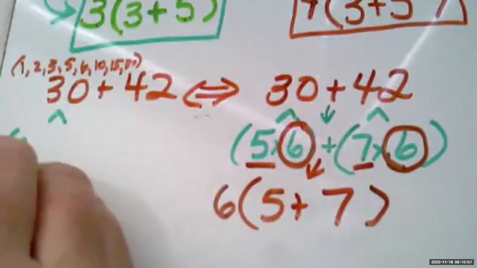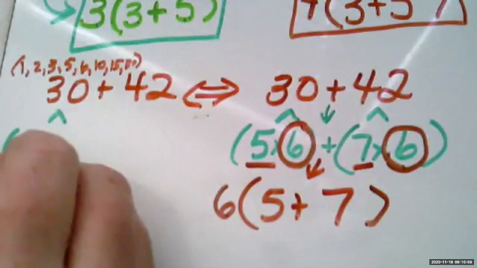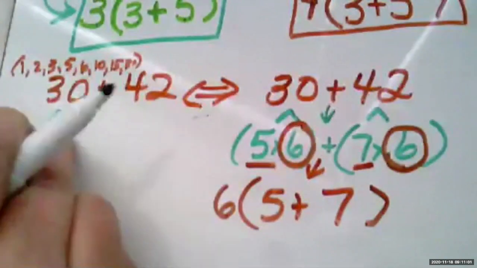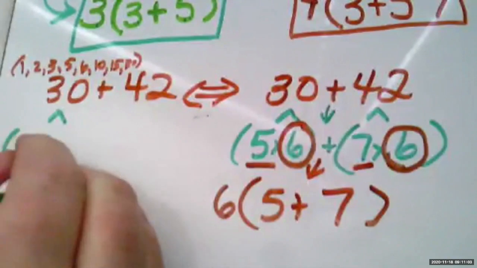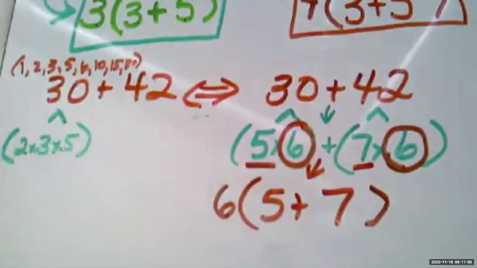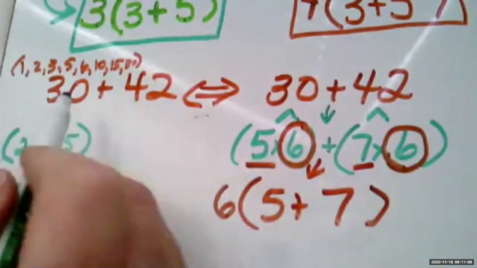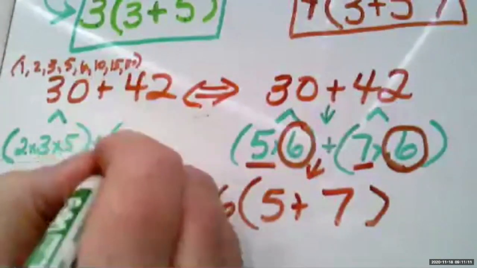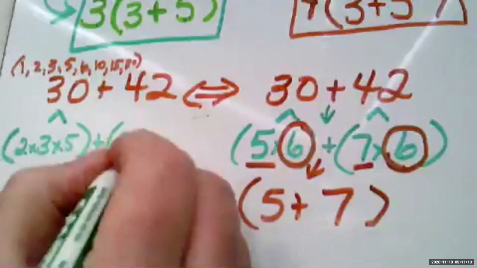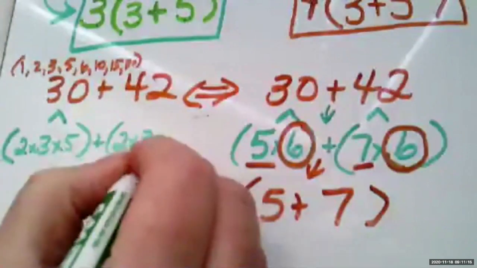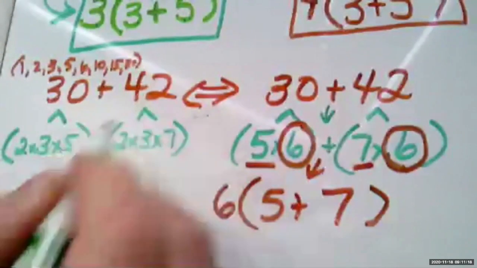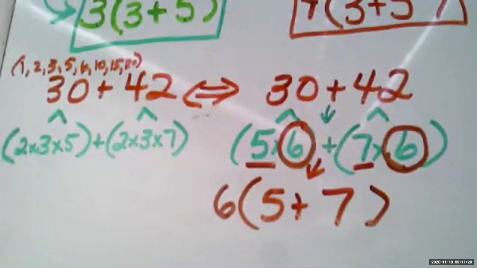I know that 2 times 3 is 6, and 6 times 5 is 30. So yes, that is your prime factorization for 30. Plus, let's see here, we have 2 times 3 is 6 times 7 is 42.